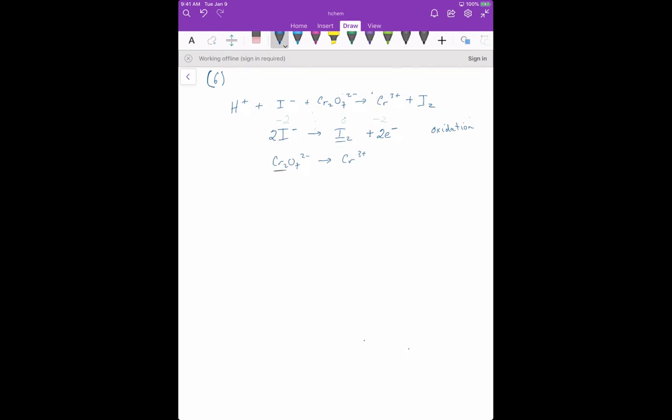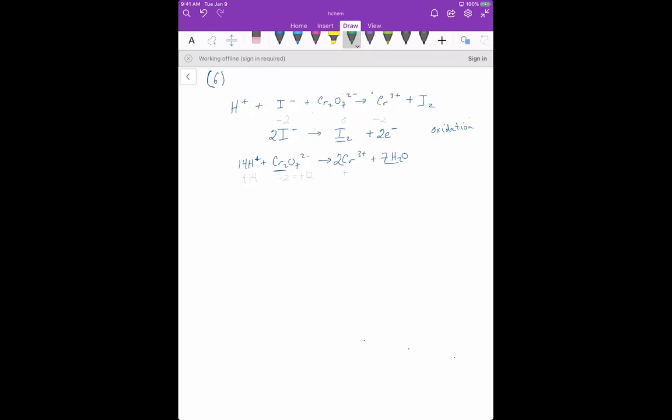Notice there's 2 chromiums here, so I'm going to need to put a 2 in front of here. Notice we have 7 oxygens, so I'm going to need 7 waters. And now I need 14 hydrogens to balance these hydrogens, 14 H pluses, and let's look at our charges now. So I have a plus 14, I have a -2, which gives me a plus 12.